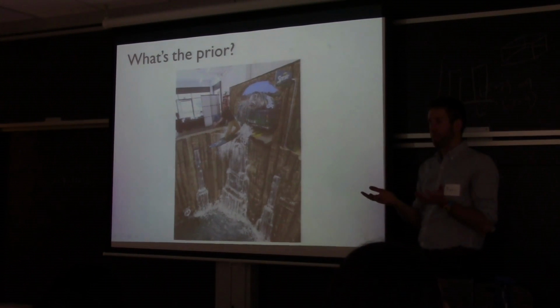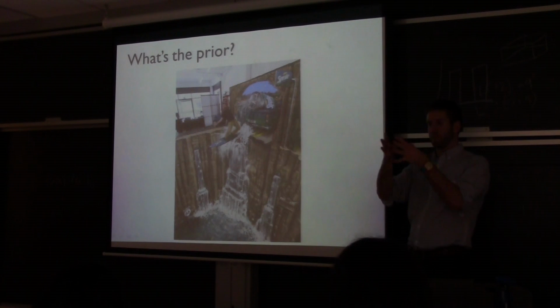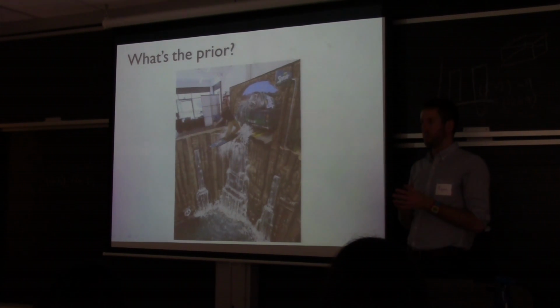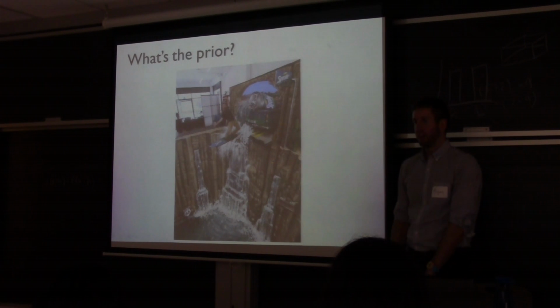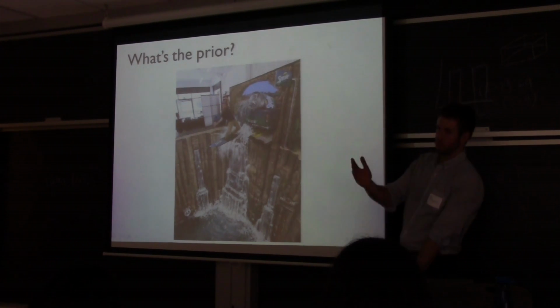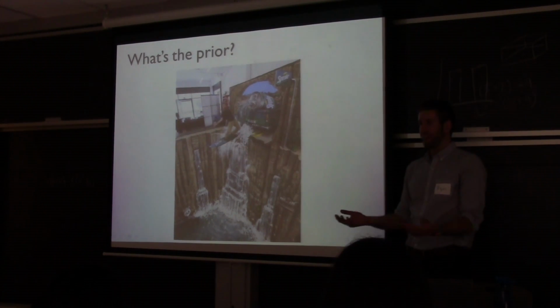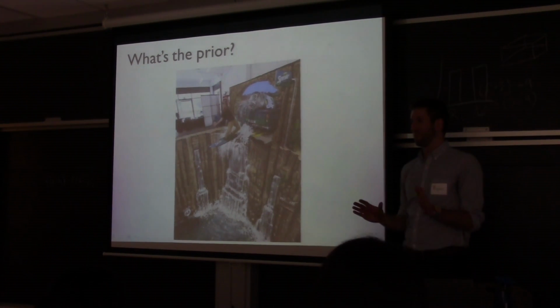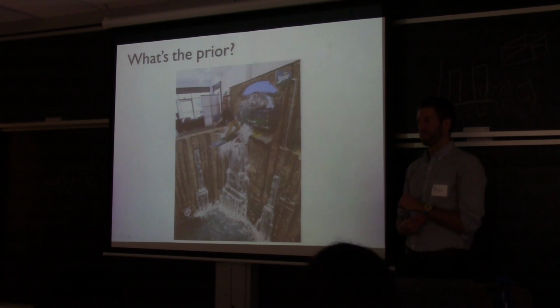Then, say it was a cat raised in a room with just horizontal lines, they would put it in a room with vertical obstacles, and the cats would just walk right into them. Because their prior was so strong, that can't be a real thing because it's vertical, they didn't think of it as an object that they could bump into, and then they would bump into it. These things do not happen anymore at all, but they're still interesting to talk about.